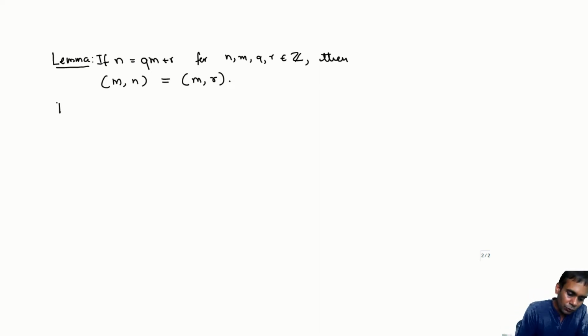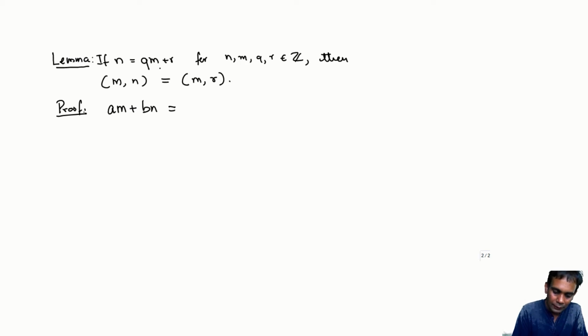Well, here's a proof. I'll show firstly that the ideal generated by m and n is contained in the ideal generated by m and r. A typical element of the ideal generated by m and n is of the form am plus bn.